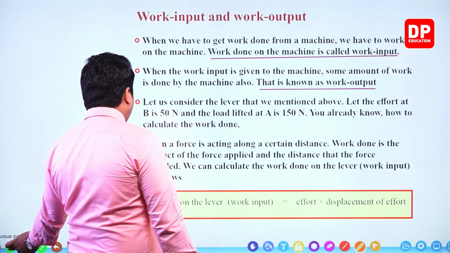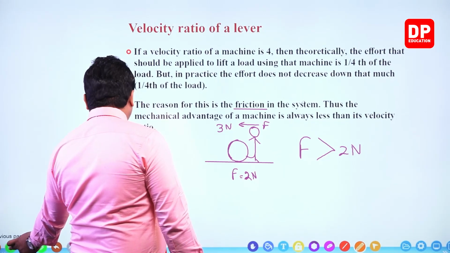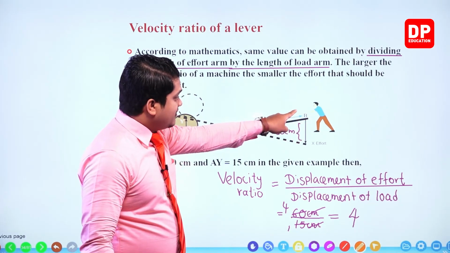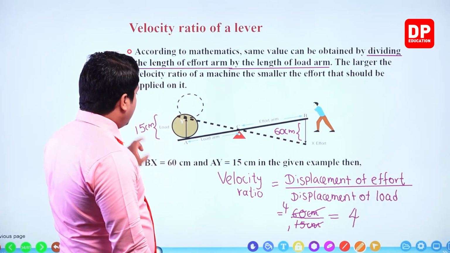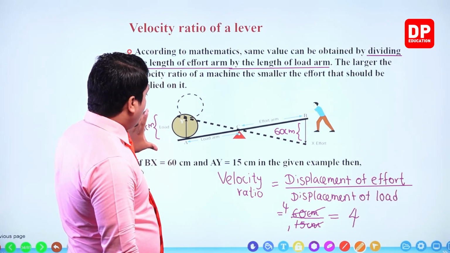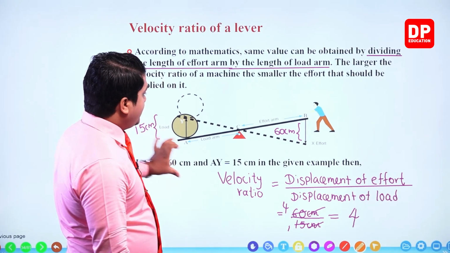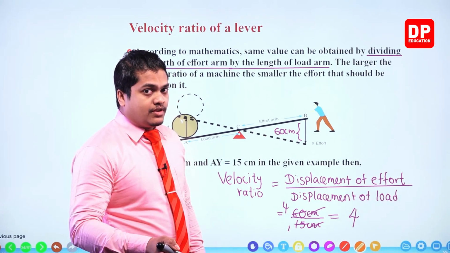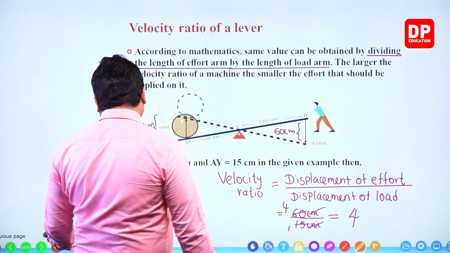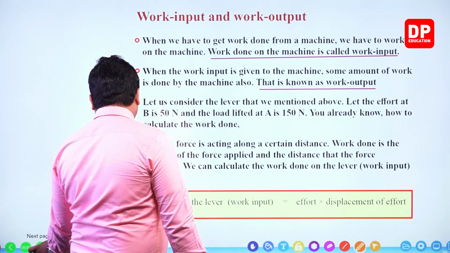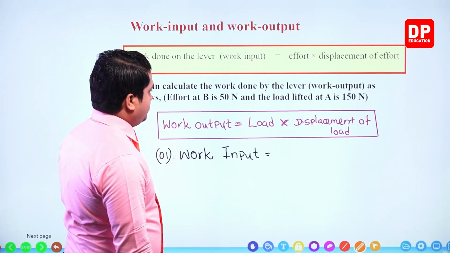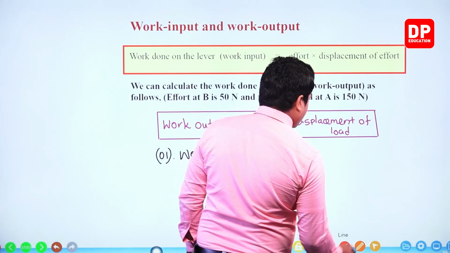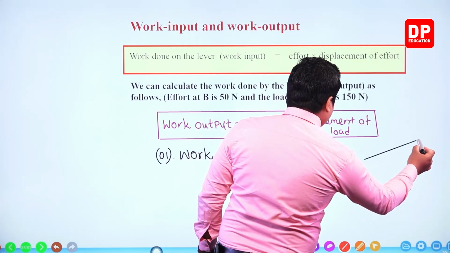So I have to move in here to find the two instances. Here you can observe B has moved 60. Here A, the load, has traveled 15, and the effort has traveled 60, in centimeters. Okay, so now let's head on to the slide and we'll calculate it. Right, so let's draw the lever first. So this is the lever.